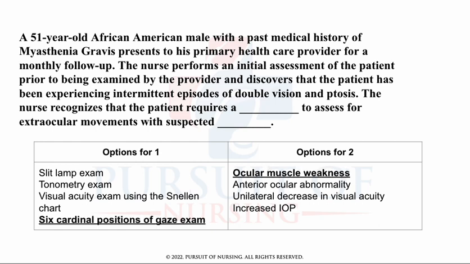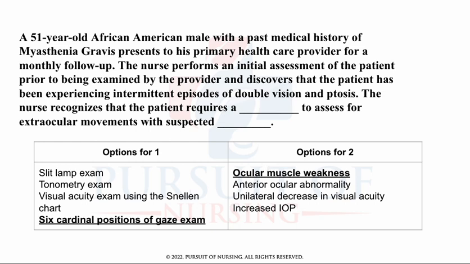All right, so you should be able to recognize that double vision and ptosis are signs of muscle weakness in the eyes. So performing the 6 cardinal positions of gaze will assess the patient's ocular muscle weakness.